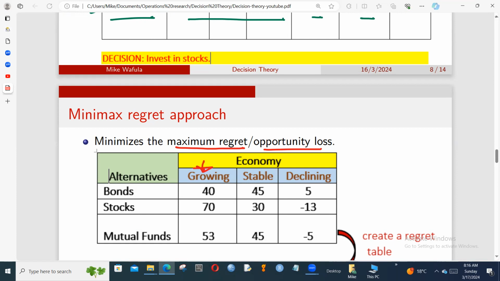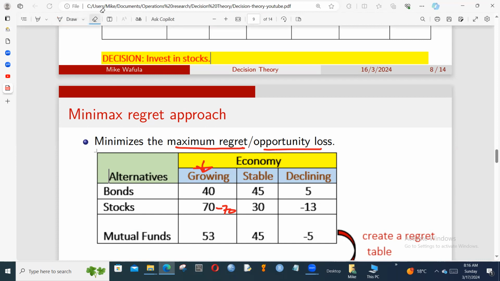Like when the economy is growing, the highest payoff is actually 70. And so somebody who has invested in stocks has no regret because he's fetching the highest during that season. So the regret here will be 70 minus 70, which gives you a 0.